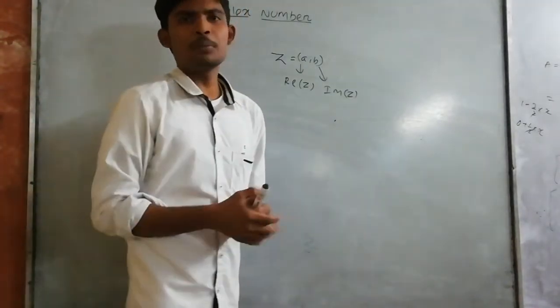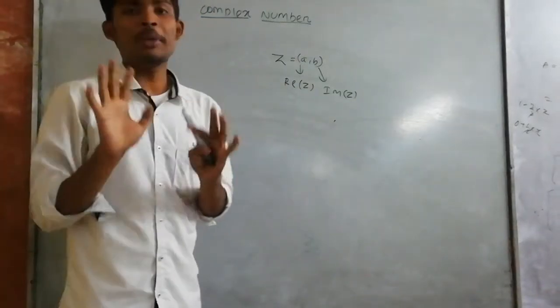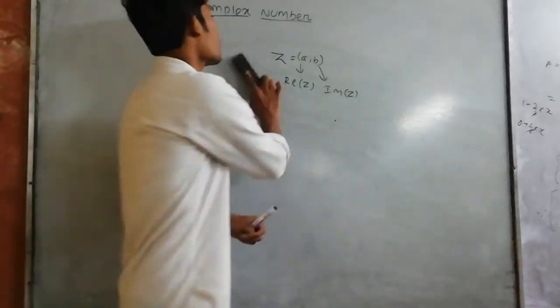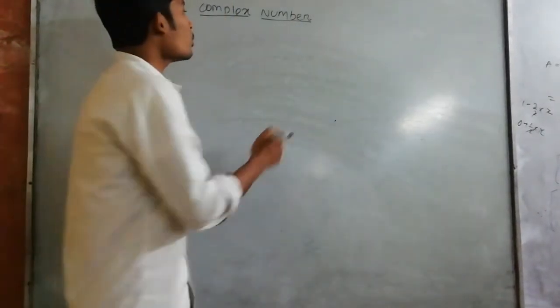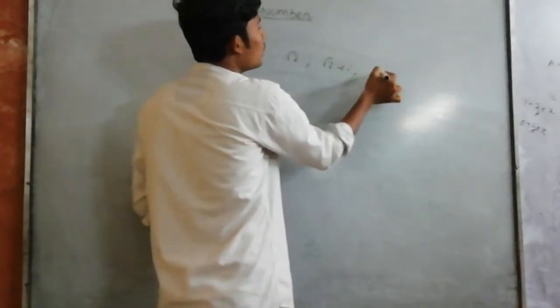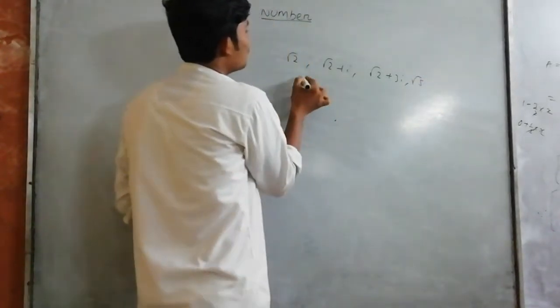You have to consider some examples and mention what is the real part and what is the imaginary part. Take some examples: root 2, root 2 plus i, root 2 plus root 3 i, root 5, 0.